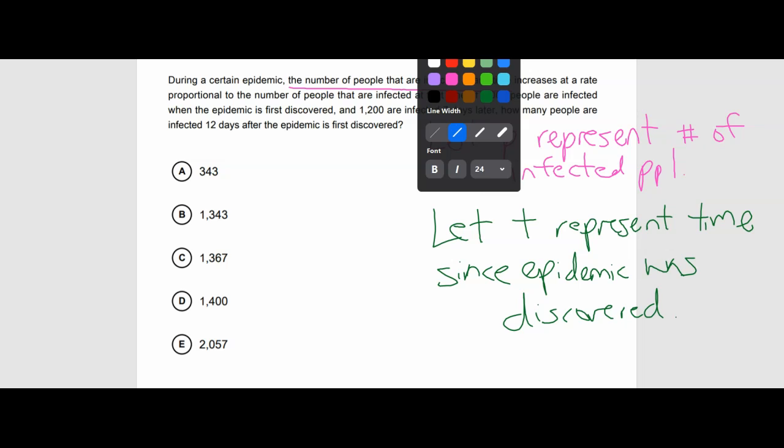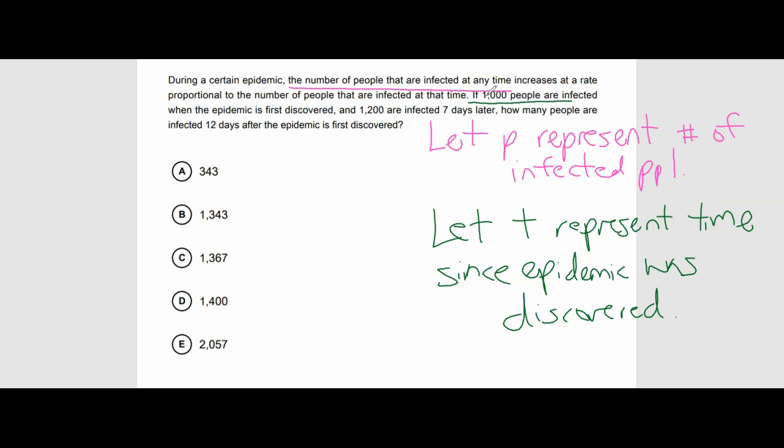You are given two things to help you figure out those unknowns: 1,000 people are infected initially, and then 12,000 people are infected 7 days later. So pause the video, see what you can get, and once you have your particular solution, use it to figure out how many people were infected 12 days after the epidemic is first discovered.